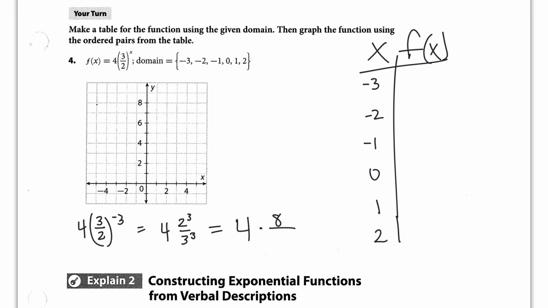And 3 times 3 times 3 is 27. 4 times 8 is 32. 27 fits in there one time with 5 left over. And we can swap that out. Now we're going to plug in -2.